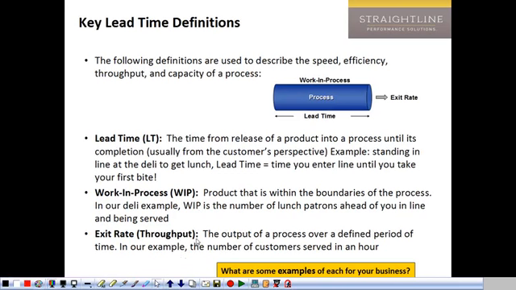And then finally, the exit rate or the throughput. The throughput is the amount of stuff that gets through a process per unit time. So in the deli example, it could be the number of people that are served per minute, or per every 15 minutes, or per hour. Okay, so that's the throughput.